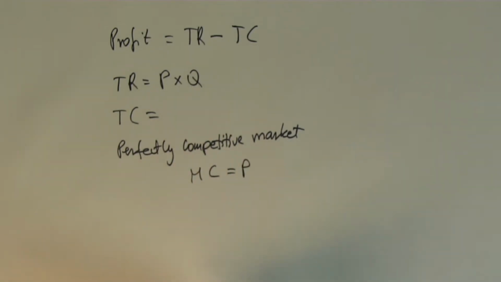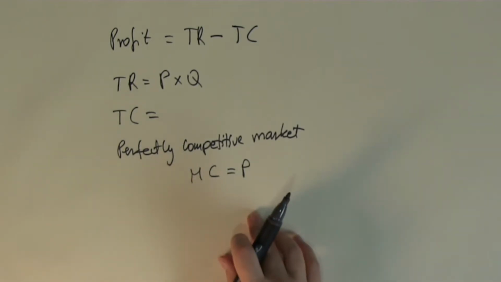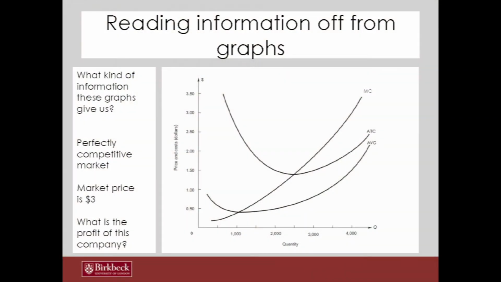Now this is the information that we can exploit in here, because if we go back to the graph and we have a look at it, we can see that the market price is 3 and there is a marginal cost graph on our picture.